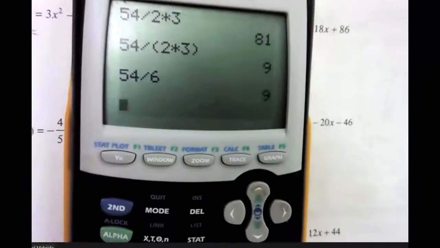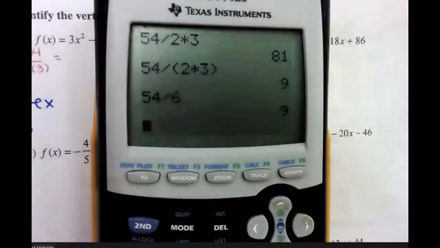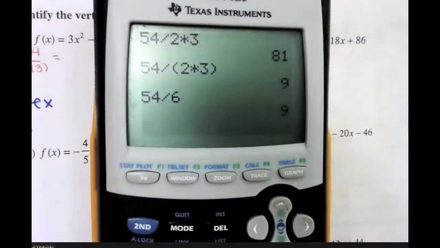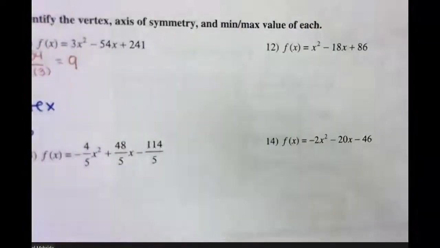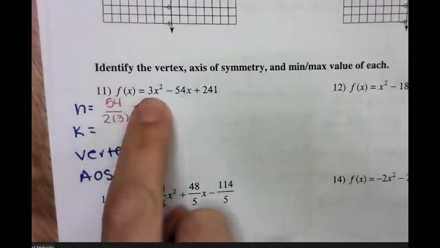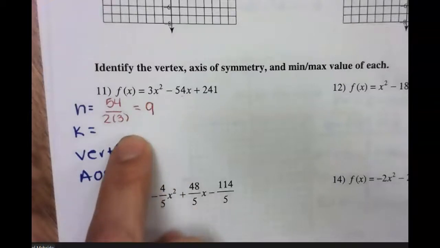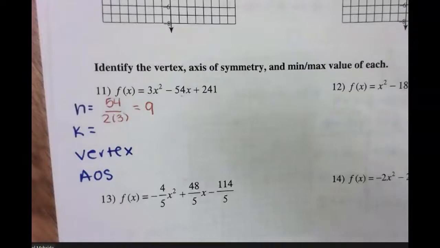But either way, the correct answer is 9. So for your H value, you need to get the value 9. And that's why I wanted to look at one where we had an A other than 1 to make sure you understood you have to multiply the denominator first, then divide.